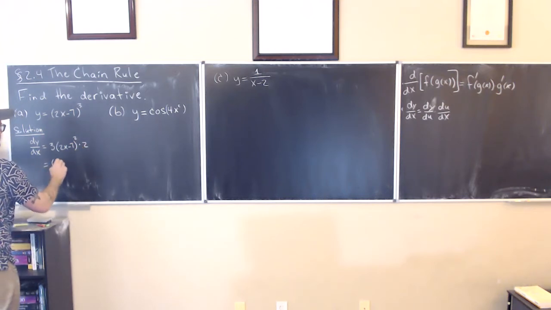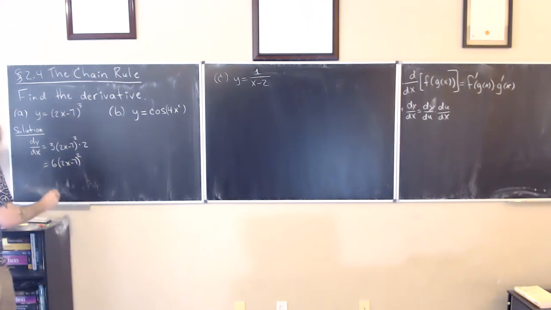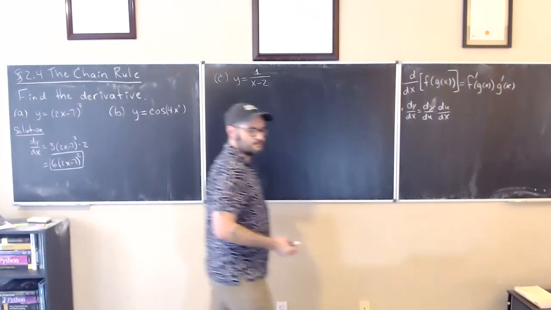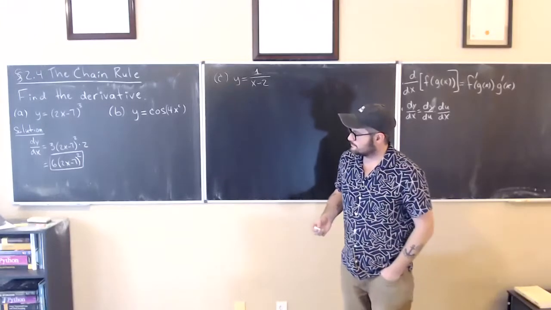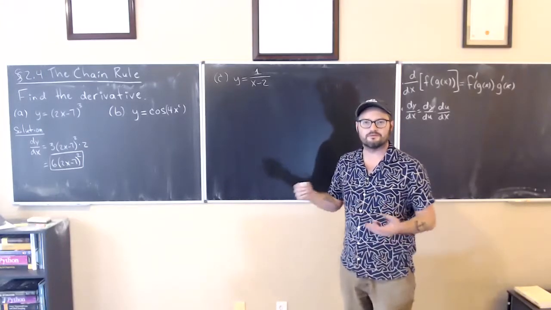This would be 6 times (2x minus 7) all squared. If you worked out the derivative of the inside, you'd see it. I didn't do everything I was doing prior, but that is the answer. Derivative of the outside times the derivative of the inside.